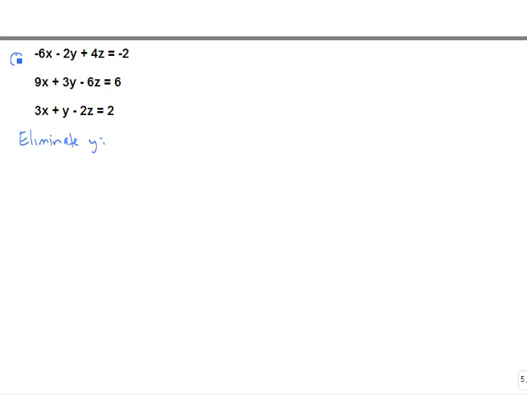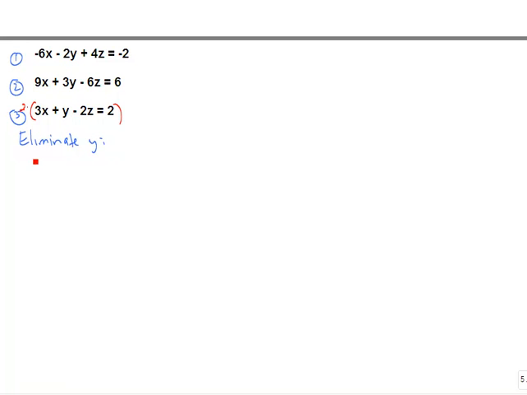So if this is equation 1, equation 2, and equation 3, then what I could do is take equation 1, which has a negative 2 in front, and add that to 2 times equation 3. That way I'm going to get negative 2 and a positive 2.